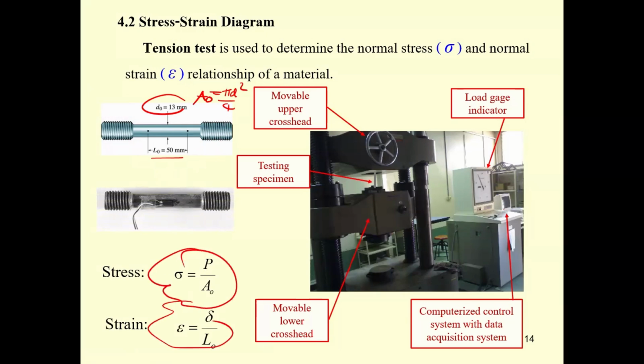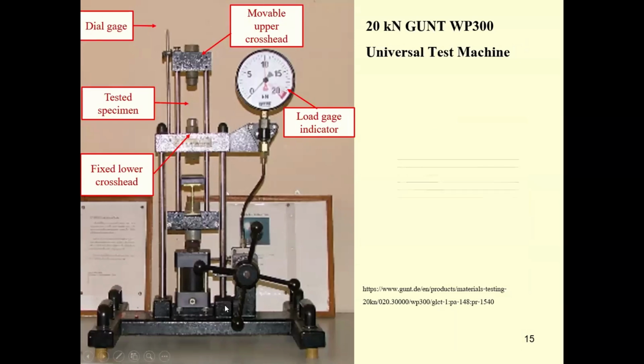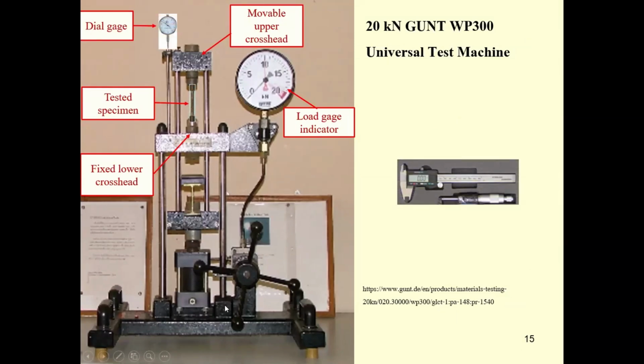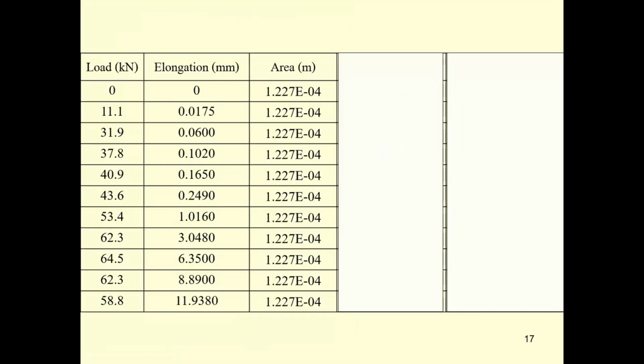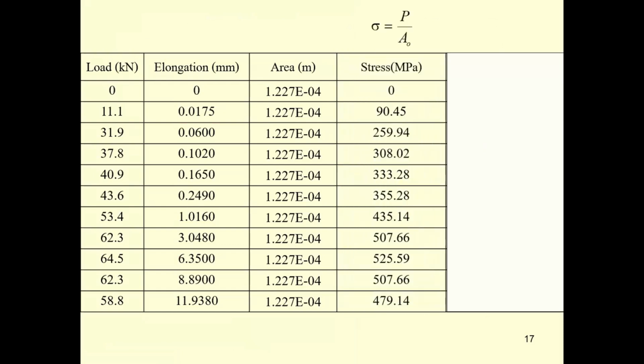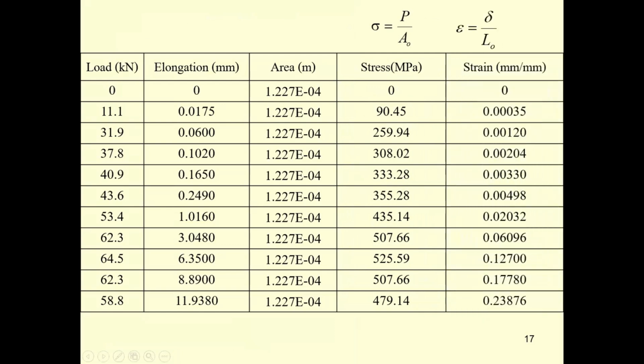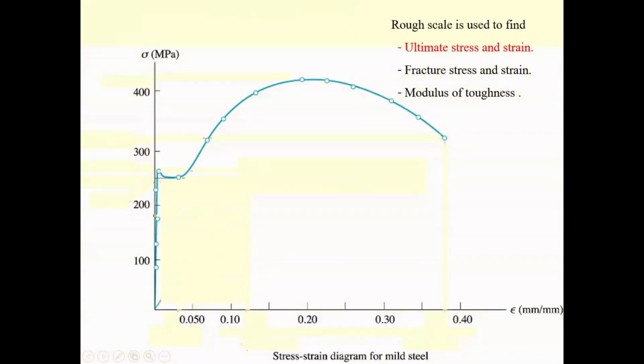And then we have many machines in our laboratory, and you have experience with them already, both manual operation and computerized operation. Both of them should provide you with the stress strain diagram. This one should be for the mild steel.